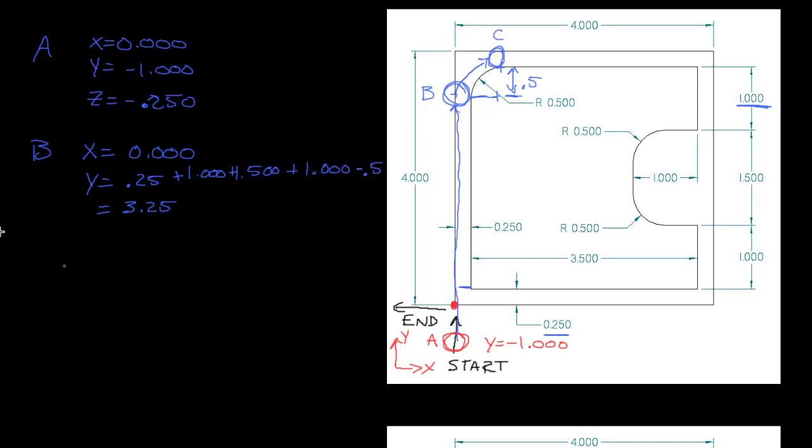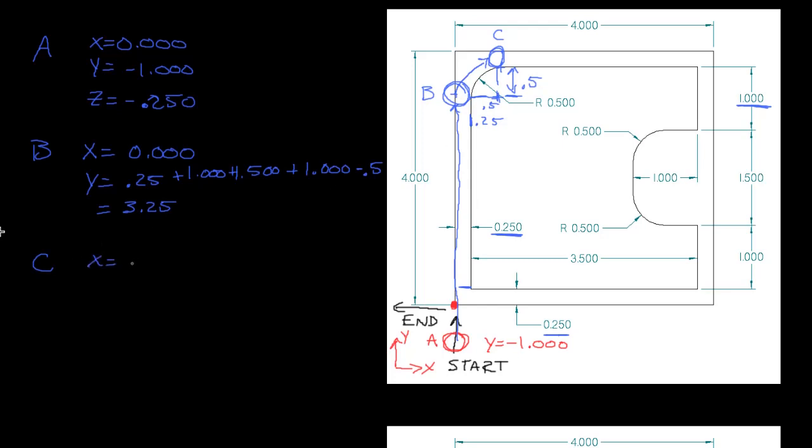This is point C. Point C has moved in the x position 0.5 inches, or let's see here, it's moved 1/4 of an inch right here, so it's moved 0.25 inches, and then this point right here in the center of the arc is right where the center of the cutter is, and so this is 0.5, so I know it's moved 0.75 inches.